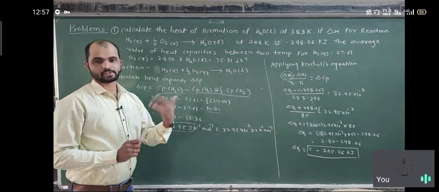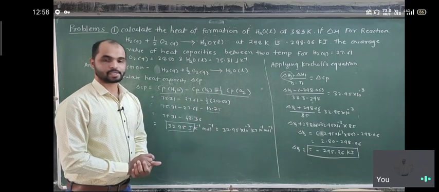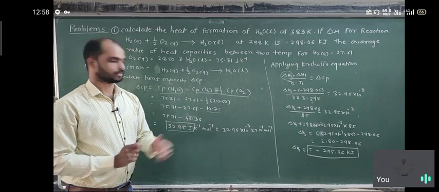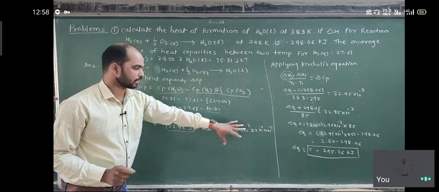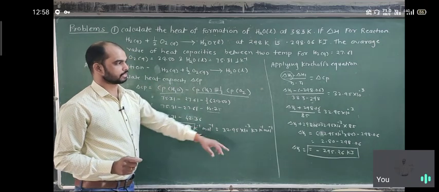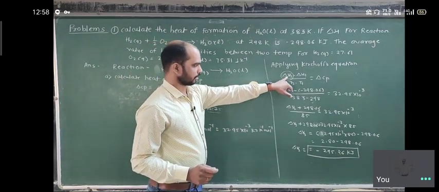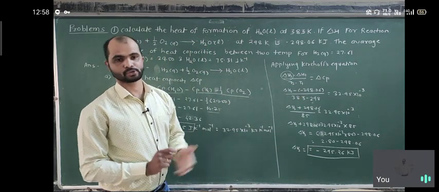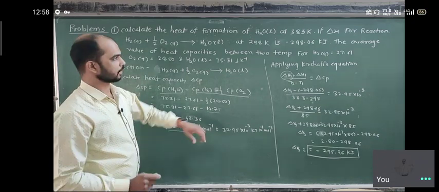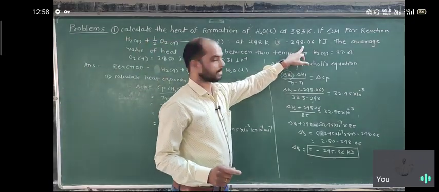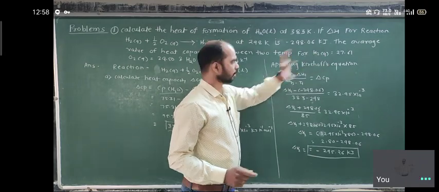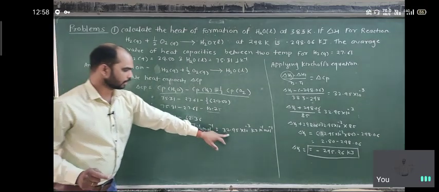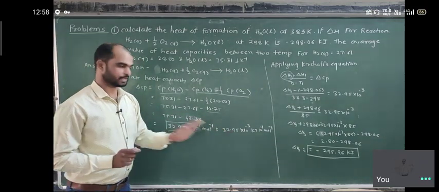When we convert into kilojoule, we multiply by 10 raised to minus 3, because joule is lower, we convert into a higher unit, so it is 10 raised to minus 3 kilojoule per Kelvin, because here we are going to calculate delta H in kilojoule. आपण ते calculate करणार आहे kilojoule मध्ये. म्हणून सगळ्या ज्या व्हॅल्यूज असतील, कारण की हे बघा इथं जी डेल्टा H2 दिलेला आहे, H1 दिलेला आहे, तो किलो जूलमध्ये दिलेला आहे. म्हणून जी चेंज इन हीट कॅपॅसिटी होती ती सुद्धा आपण किलो जूलमध्ये कन्वर्ट करून घेतली. 32.95 into 10⁻³ ओके, ही कॅल्क्युलेट झाली.